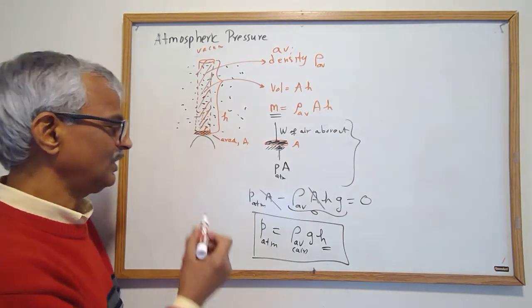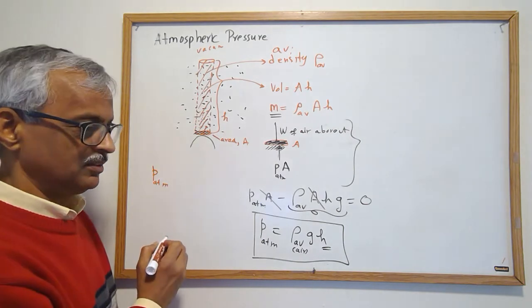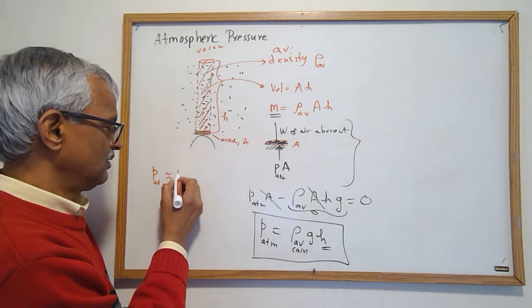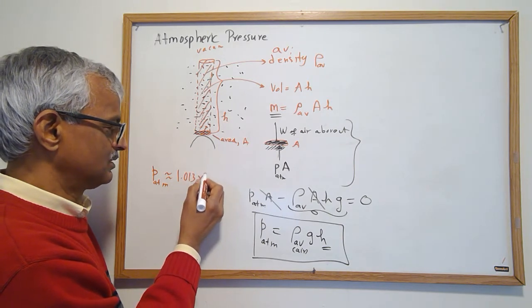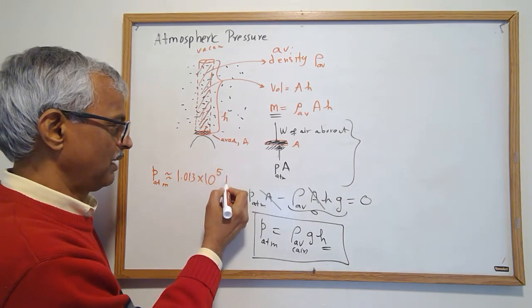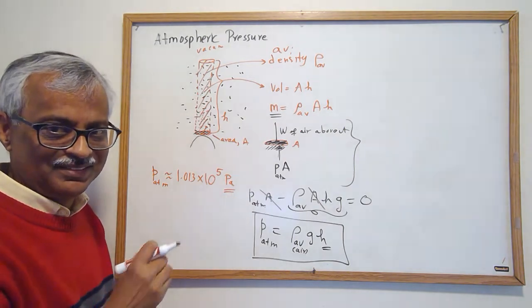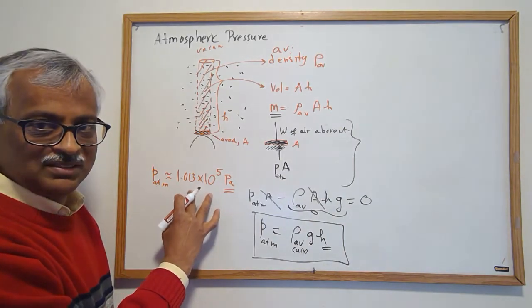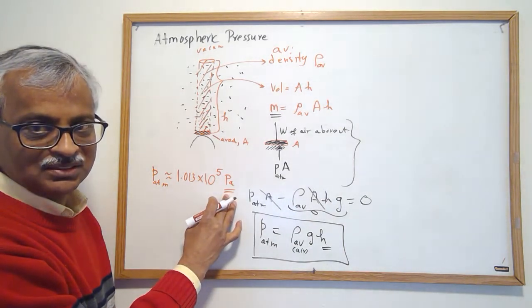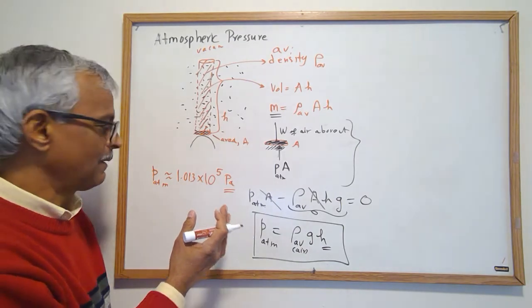Well, atmospheric pressure is approximately 1.013 times 10 to the power 5 Pascal. So you can see the Pascal is a really tiny unit, right? Atmospheric pressure, you hardly feel it, but it's a huge number in these units. So this may not be a very good unit for all kinds of purposes.